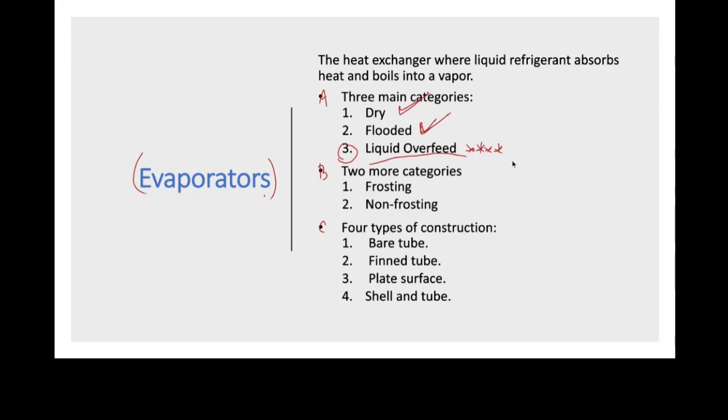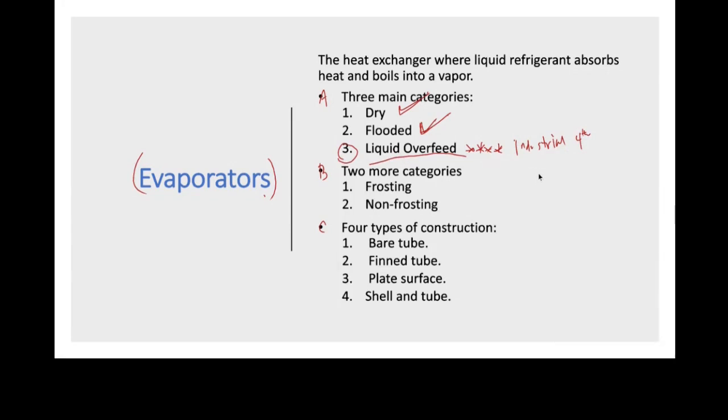This is the royal emperor of evaporators. Now, it is covered briefly in your fourth. Okay, they got a picture in there, and they talk a little bit about what the liquid overfeed evaporator is. It's ignored in the third, which is just a terrible oversight.